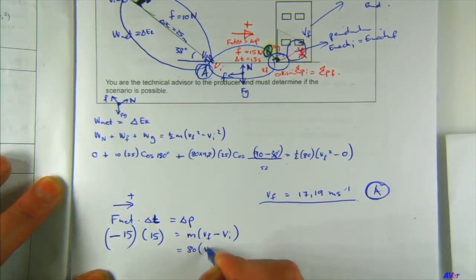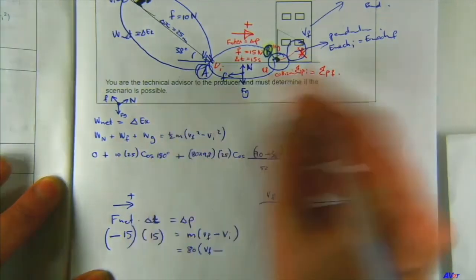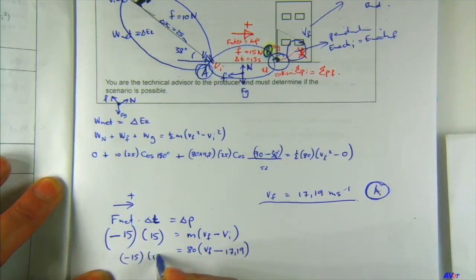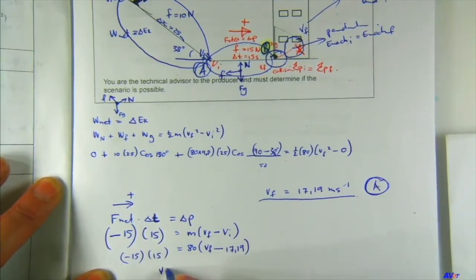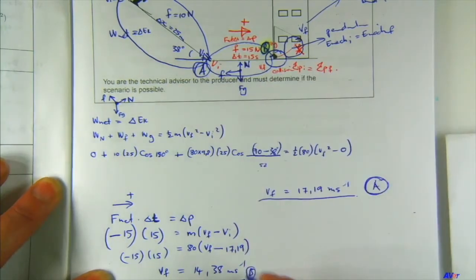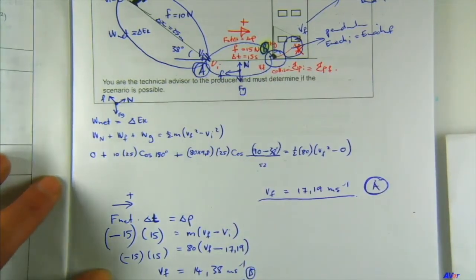We're looking for the final one. It went in there with 17,19. And then if you do that, you should end up with 14,38 meters per second when he reaches point B, just before he grabs the parcel.